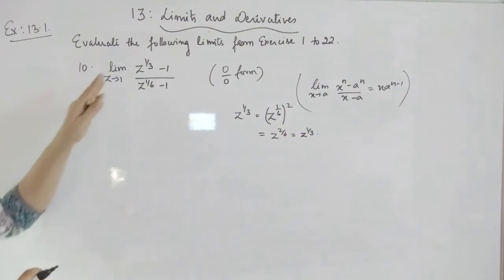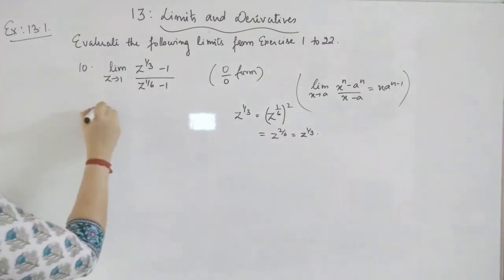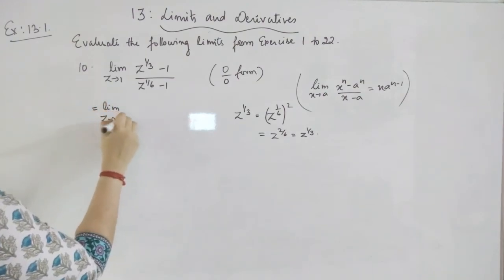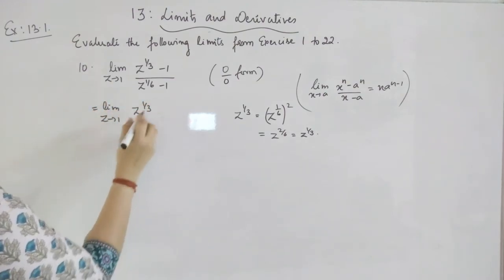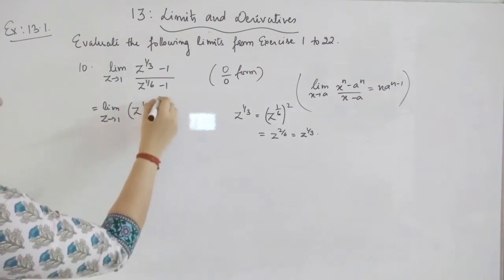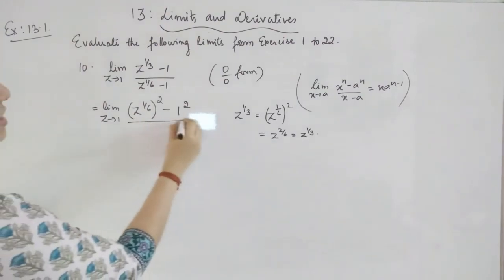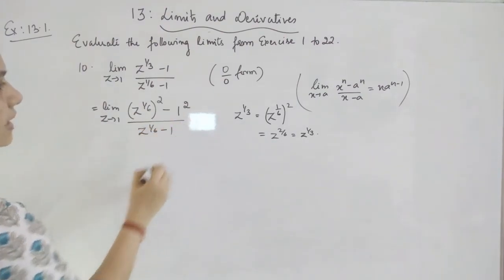That means I can write z raised to 1 by 3 as z raised to 1 by 6 the whole square. Okay, so limit z tends to 1, z raised to 1 by 3 is replaced as z raised to 1 by 6 the whole square, minus, again 1 can be written as 1 square, divided by the same thing, z raised to 1 by 6 minus 1.